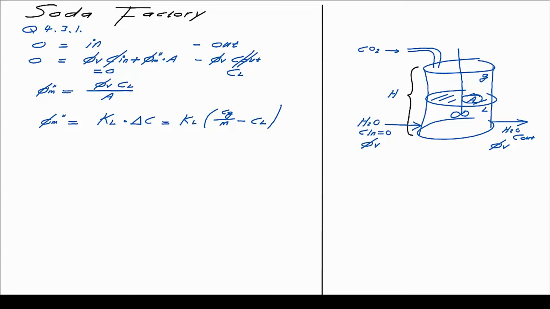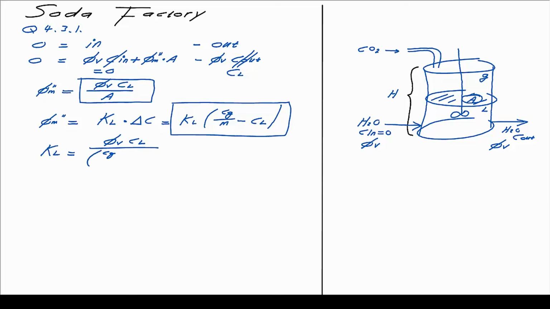Now we have two expressions for phi m double prime, this one and this one, and so they must be equal to each other. Now we can isolate KL. The last step we can do is multiply denominator and numerator by m. And this is our final answer for capital KL.